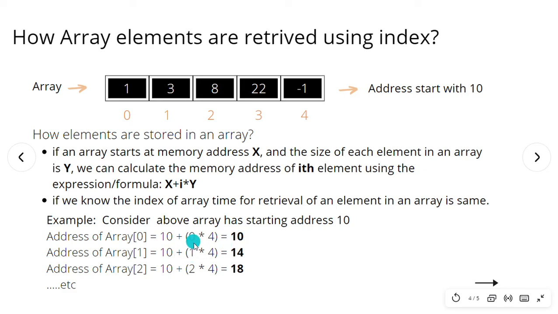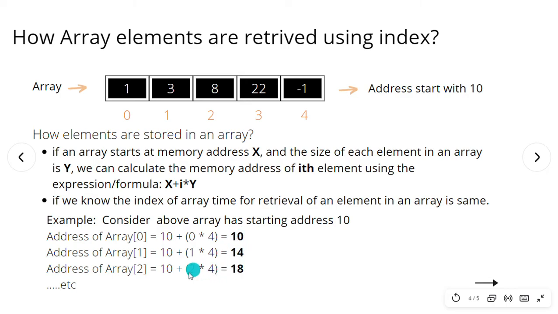Next, only the index changes; the starting address remains the same, and since it is an integer array, the element size also remains the same. So these are the memory addresses of each bucket.